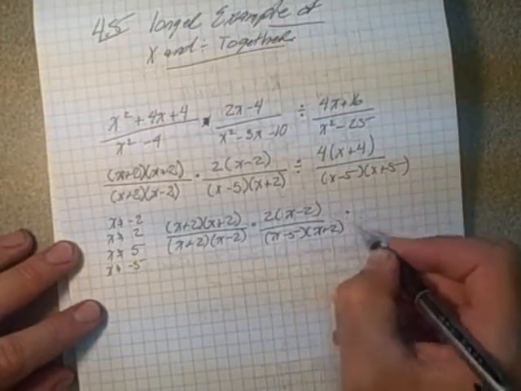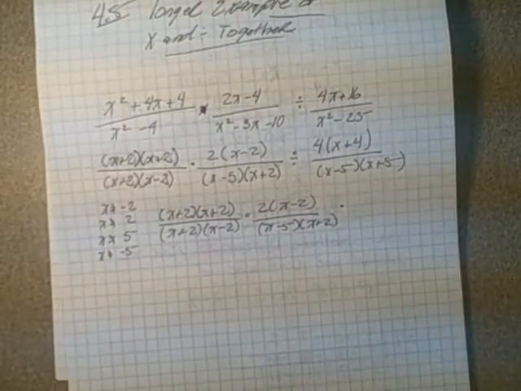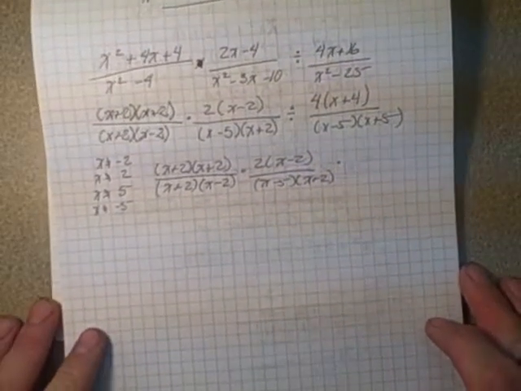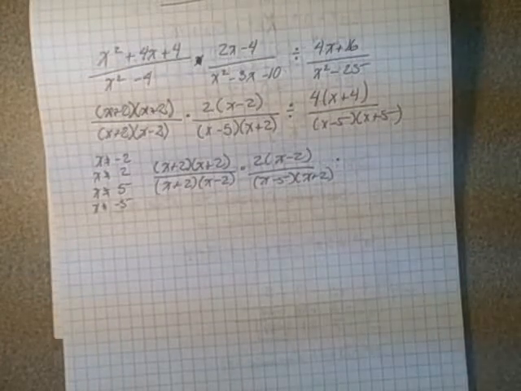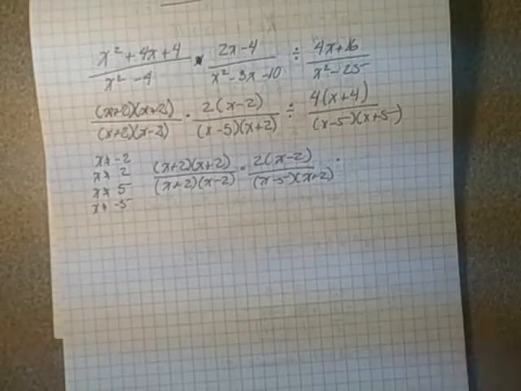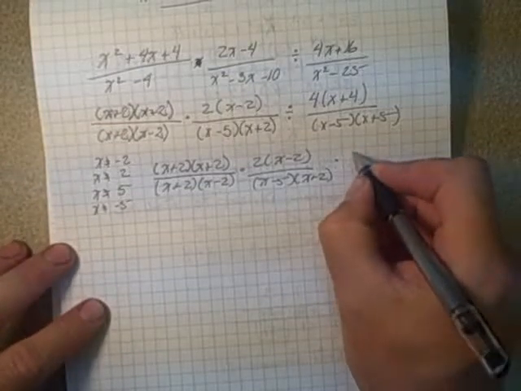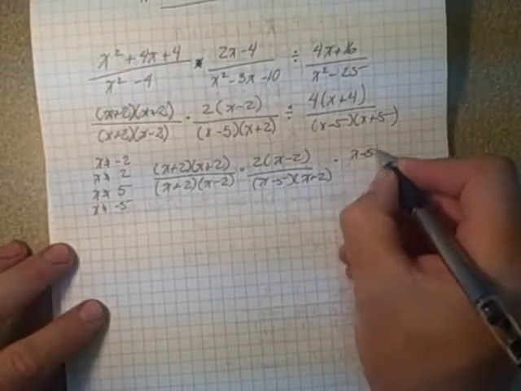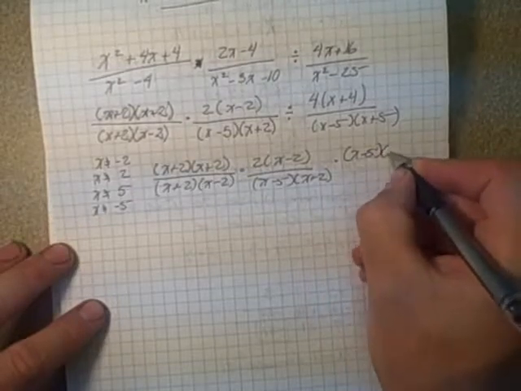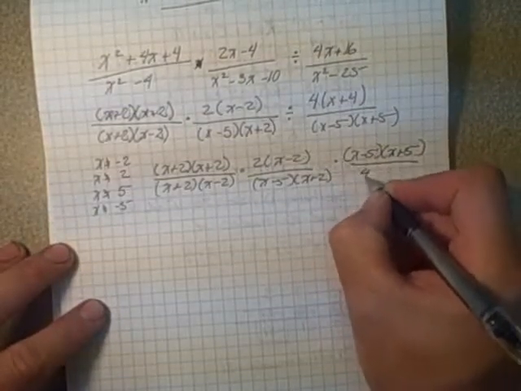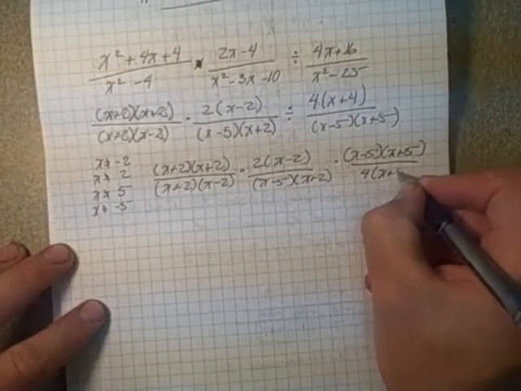And this time it's multiply by, and let me check my field of view, make sure I'm still okay. Okay, and flip it over this time, not like last time, where I had to do that later. X minus 5, x plus 5, and 4 times x plus 4.